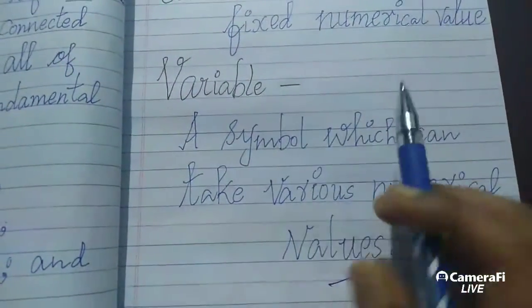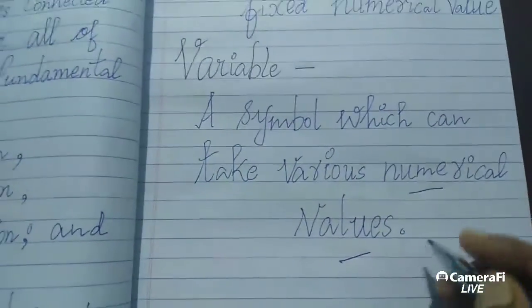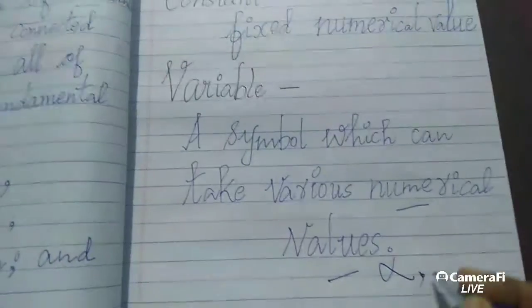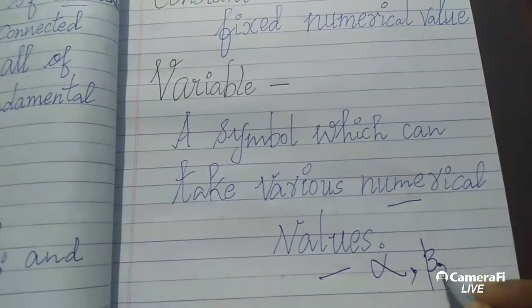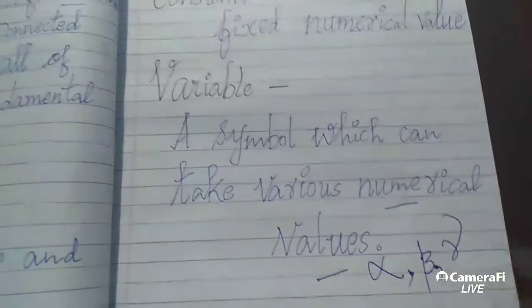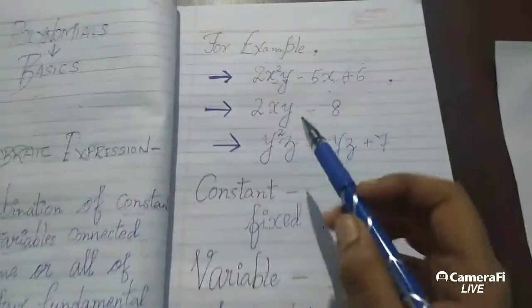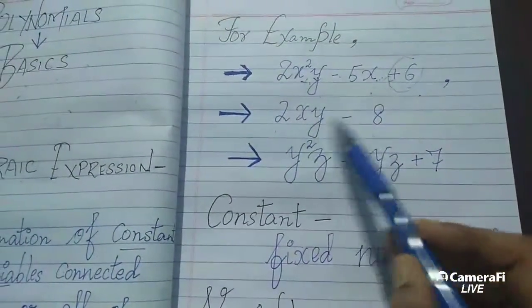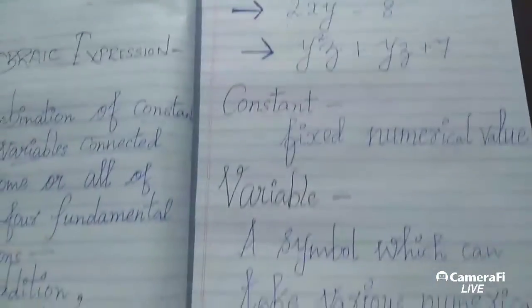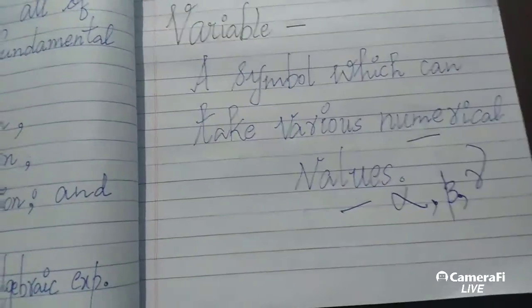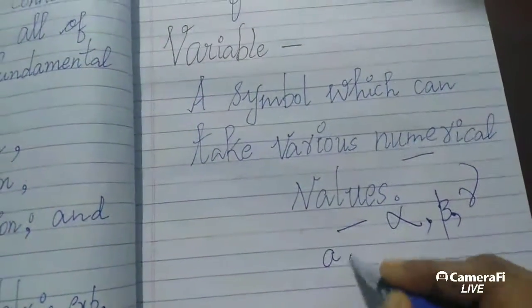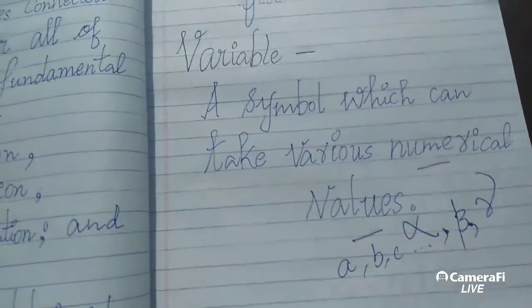It can take any kind of value. Say for example alpha, then beta. These we'll be using in our 10th standard mostly. Then gamma. Then here you see we have used x, y, z. Not y on y, just y, z, or x, y. You can also take a, b, c, etc.